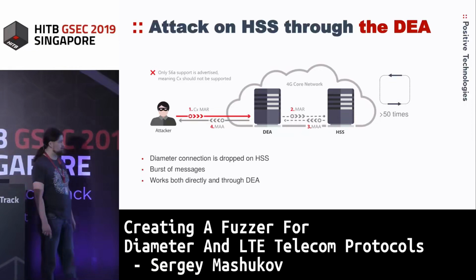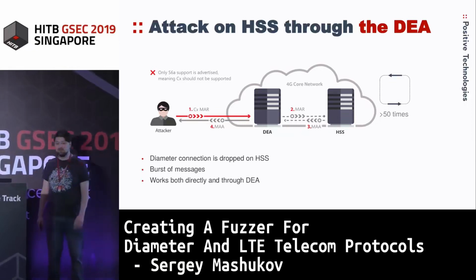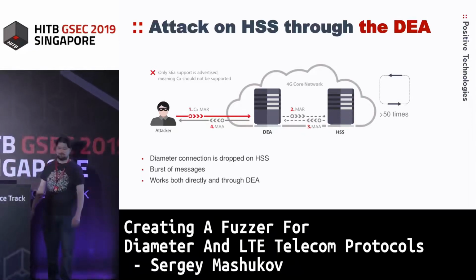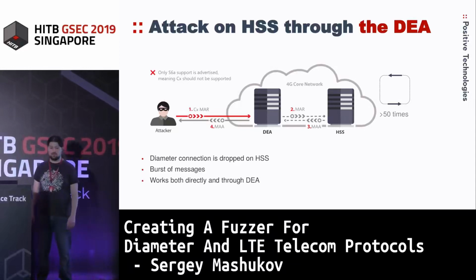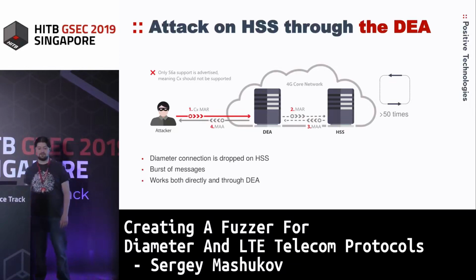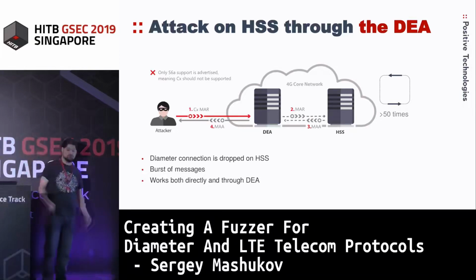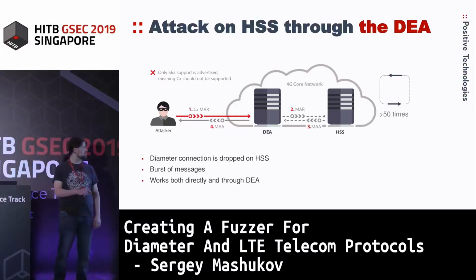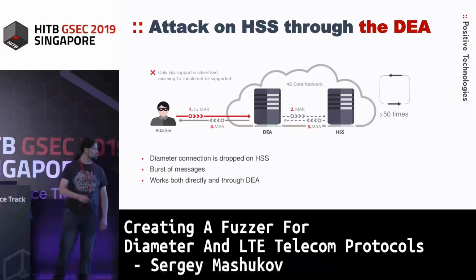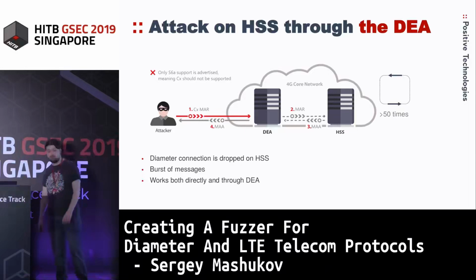And yeah, we can do this, and this means that a malefactor can use this through the IPX. The problem for the malefactor is that not all intermediaries in IPX will route this CX message, so you need some luck to send a message to a DEA which is not S6a only.